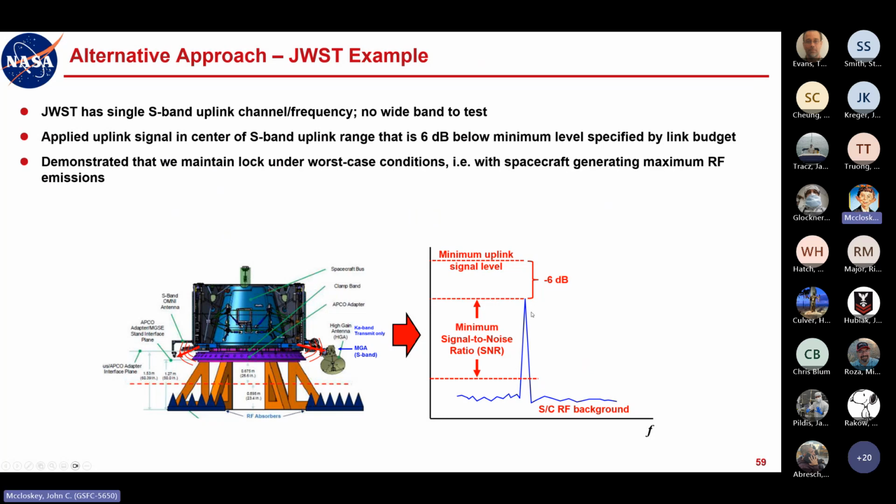And we demonstrated that we maintained lock under the worst case conditions, putting the spacecraft through its paces, generating maximum RF emissions. And whatever time we specified that we run, I don't know, 10, 20 minutes, whatever it was, we maintained lock. And so thereby we demonstrated our 6 dB margin and we met the requirement.